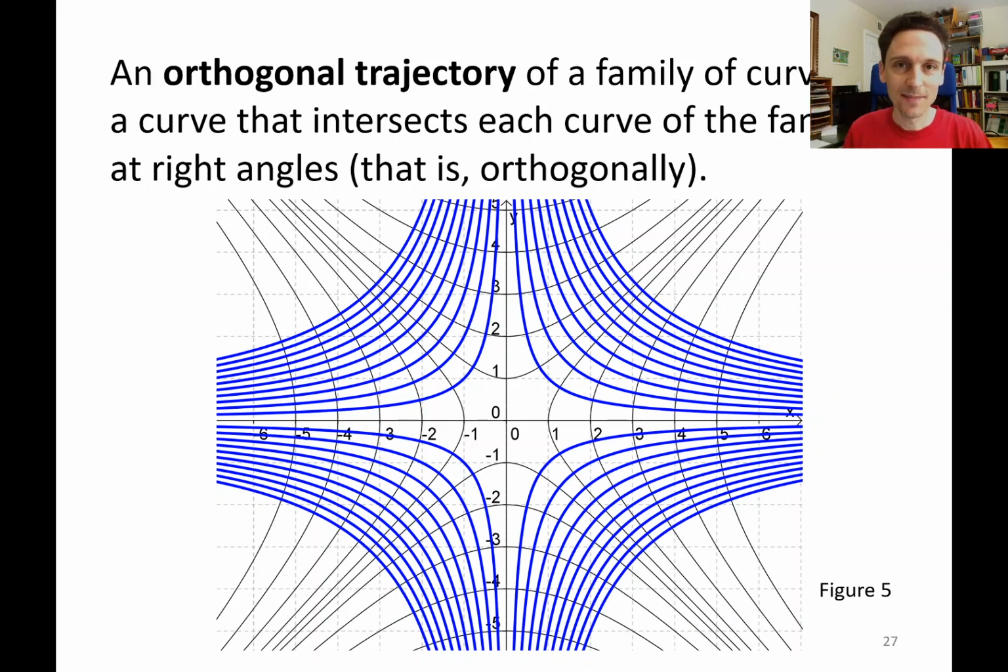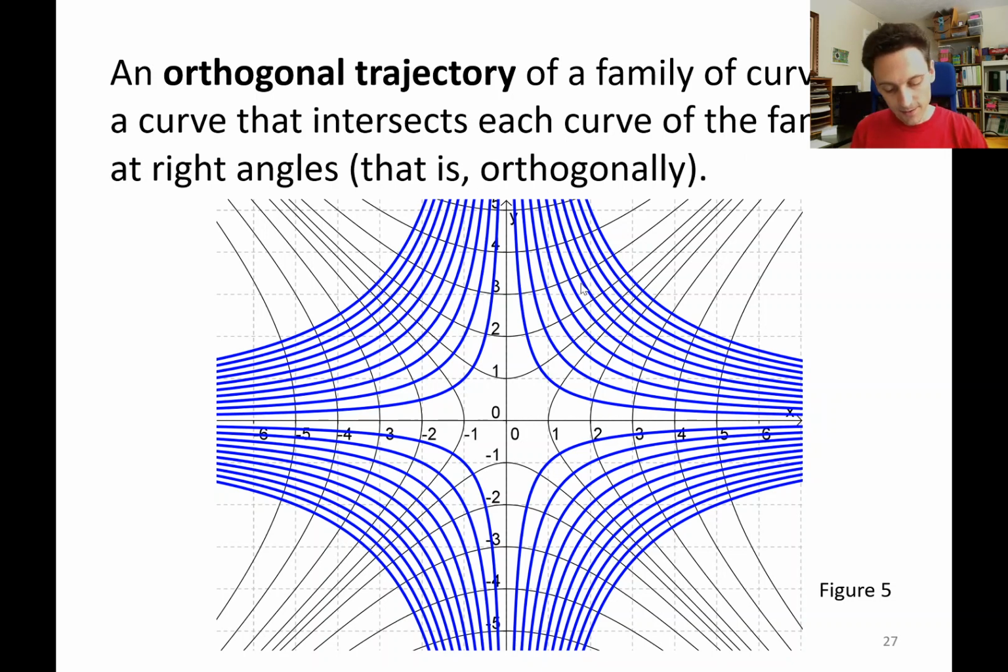Hello and welcome back. In this video we're going to learn about orthogonal trajectories, which have really cool visualizations. An orthogonal trajectory of a family of curves is a curve that intersects each curve of the family at right angles, that is, orthogonally.